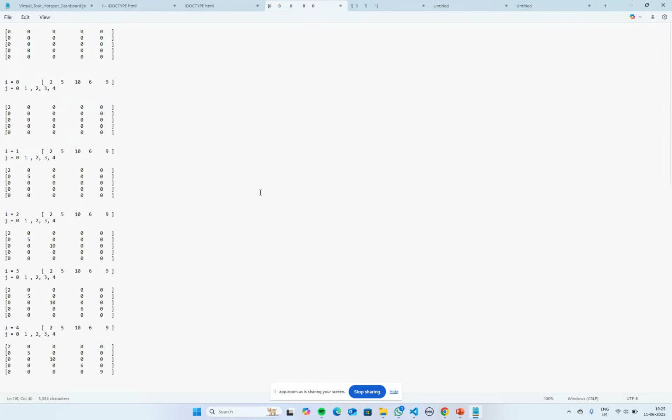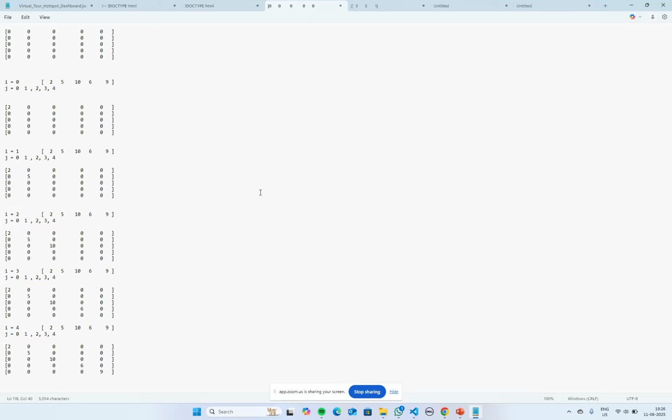Any doubts on this matrix multiplication? Okay, so I'll give you some matrices for you to multiply. Just practice in your notebooks and share the output. I'll share it by tomorrow afternoon.